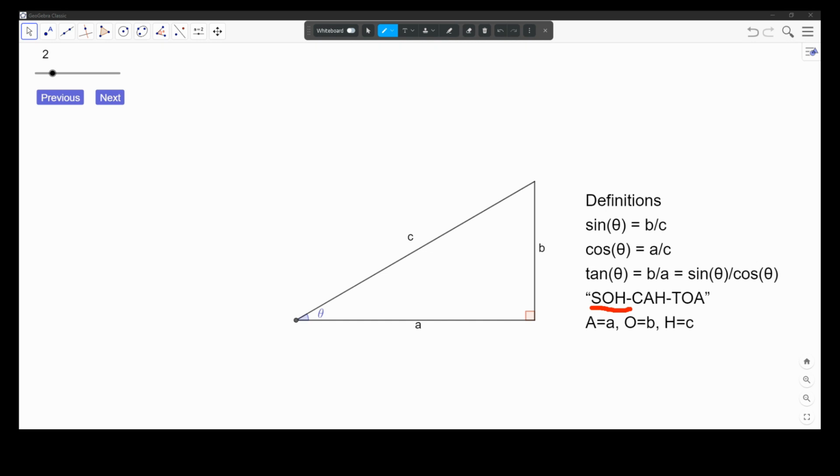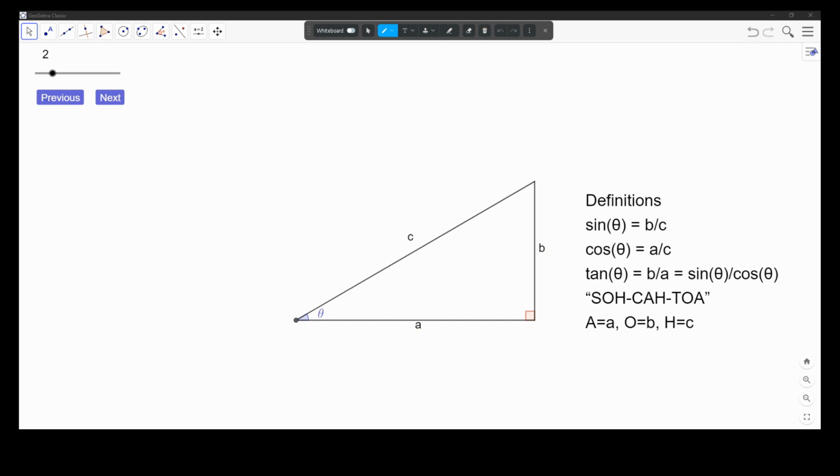The S is related to the sine function, and that's the opposite divided by the hypotenuse, which in our case is the side length B divided by the side length C. Then the cosine is the adjacent side divided by the hypotenuse, so the cosine of theta is the adjacent A divided by the hypotenuse C. And then the tangent function is the opposite side, which is B, divided by the adjacent side, which is A in this case.